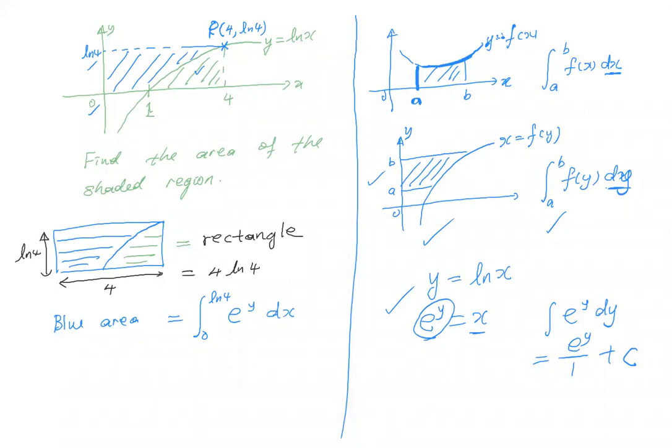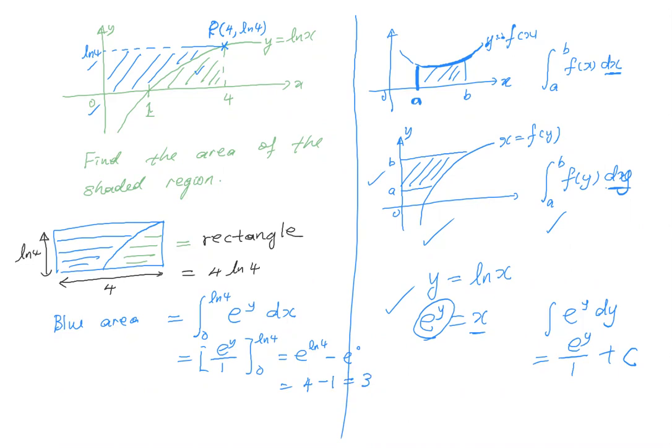So this will be e^y, from 0 to ln 4. So it will be e^(ln 4) take away e to the power of 0. So e^(ln 4) is 4, am I right? e to the power of 0 is 1, so this will be 3.